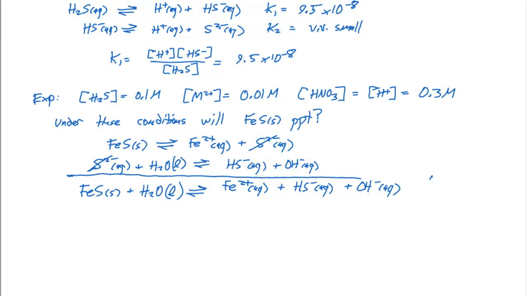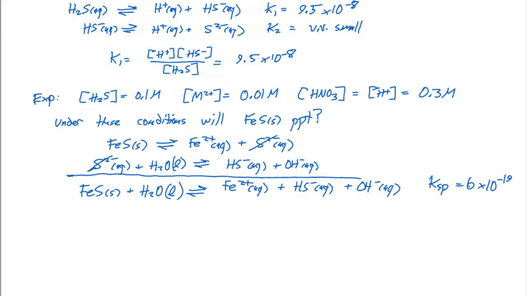Typically, you'll see a KSP value written for this entire overall reaction. And for iron sulfide, our KSP is going to be 6 times 10 to the minus 19.